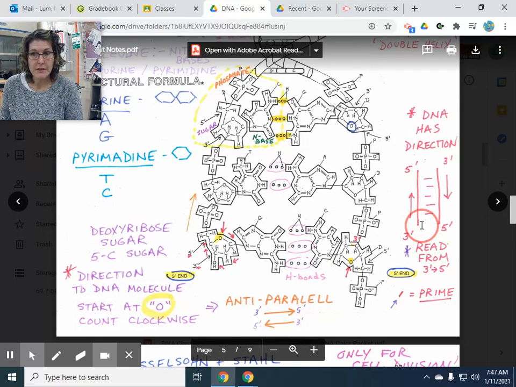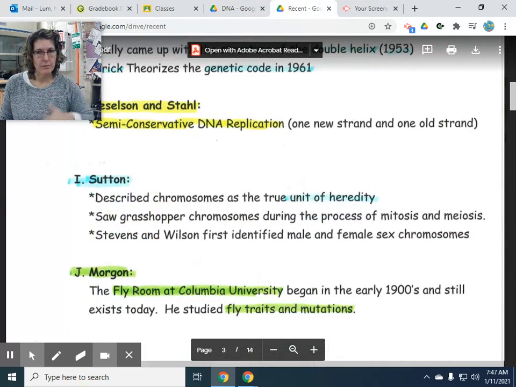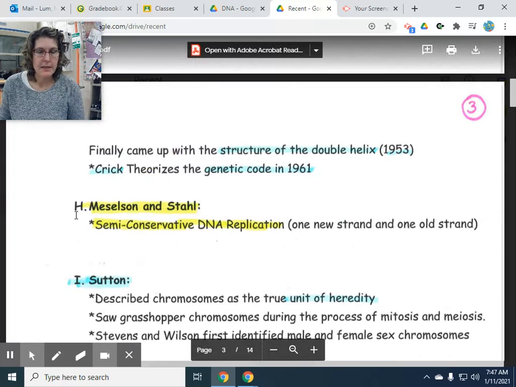Whatever base pairs start here, it's going to go up in this direction. This strand is going to get read in this direction. So both sides will get read 3' to 5', but they're running in opposite directions. They are said to be anti-parallel. We'll see them a lot more when we get into some of the notes. So we will come back to them, just putting it in your head for now. But when we get into that DNA replication note, that's when we're going to see that.